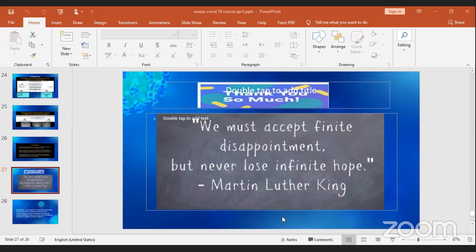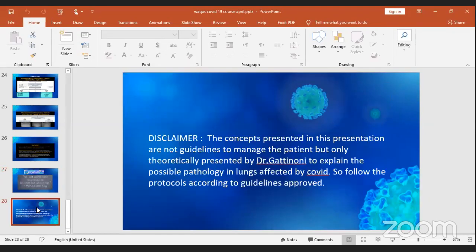CPAP in our cluster pathway is not allowed, so we can proceed to intubation. That's why I shared this slide again and put it at the start. The concepts presented in this presentation are not guidelines to manage the patient, but only theoretically presented by this gentleman, an anesthetist, who is discussing the pathology of the lungs. So follow the protocols and guidelines according to MOH.